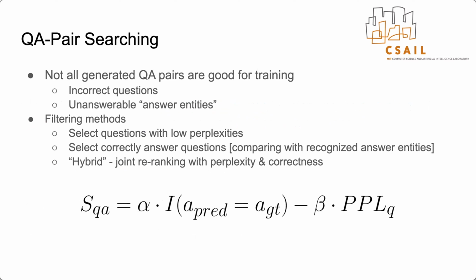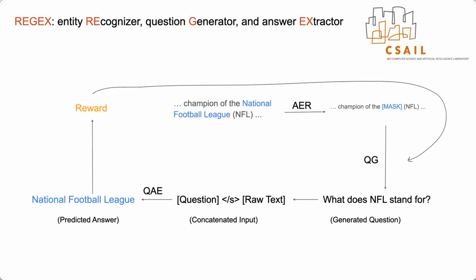So we hope the generated question can lead the QA model to find the recognized answer entity, and we also hope the question has low perplexity, so that it can be a high quality QA pair. So after getting the high quality QA pairs, we reward our question generation model by fine tuning the model on the high quality generated data.